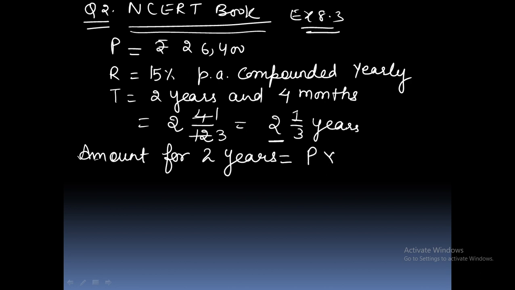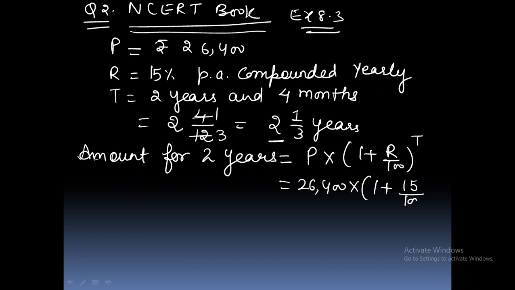By using this formula, P into 1 plus R over 100 power time. P is given 26,400, multiply 1 plus R. R is given 15%, 15 over 100.